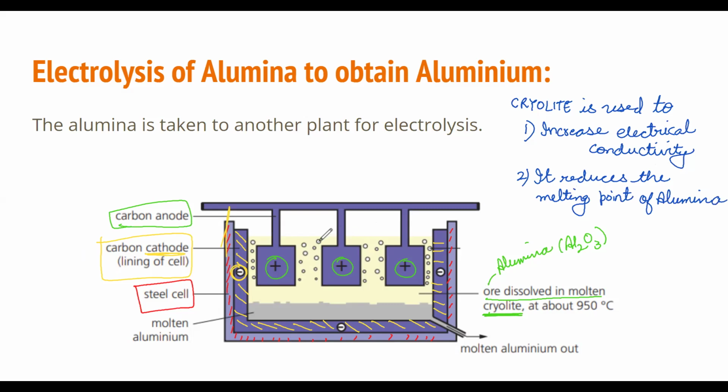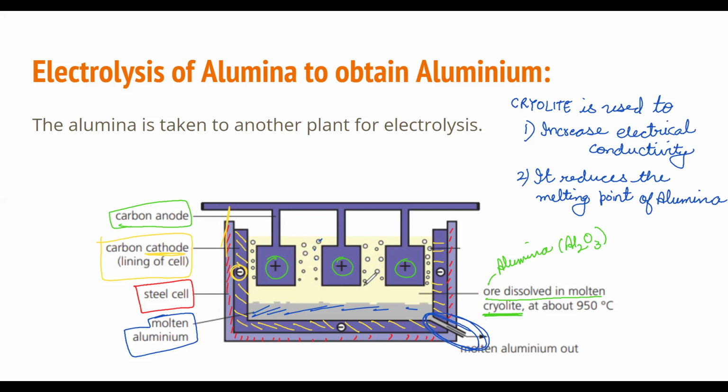We are not going to see these bubbles right now; I'll tell about these bubbles later on. But the next thing you should see is that after the electrolysis is done, we'll get molten aluminium, means the liquid pure aluminium settled here at the bottom, which we can take out with this opening on the right hand side. So this is how the basic setup works.